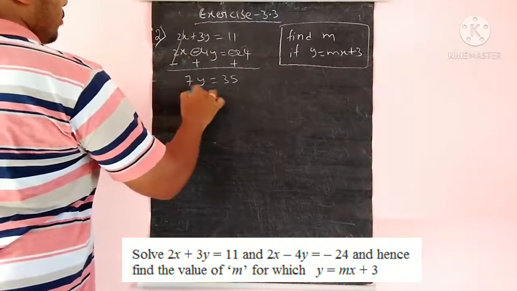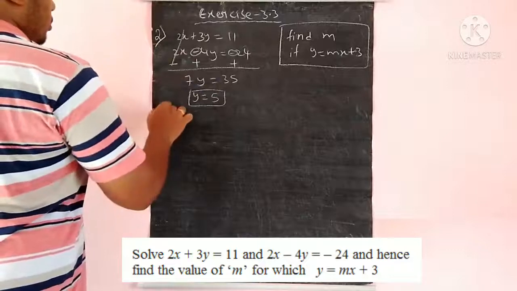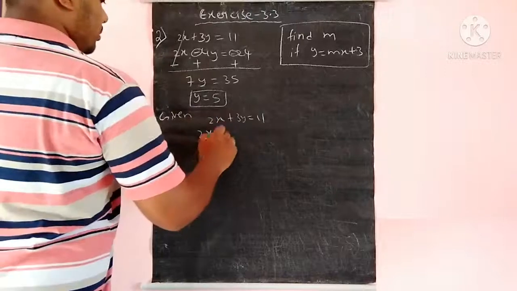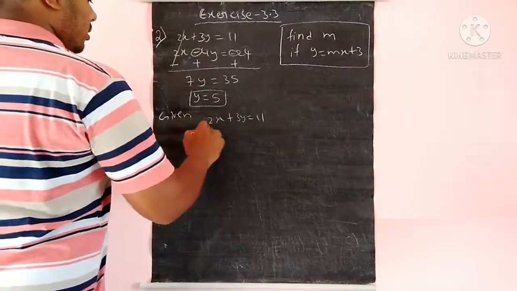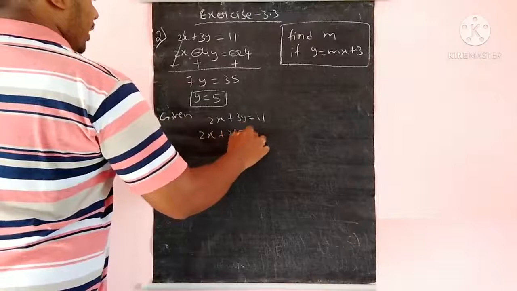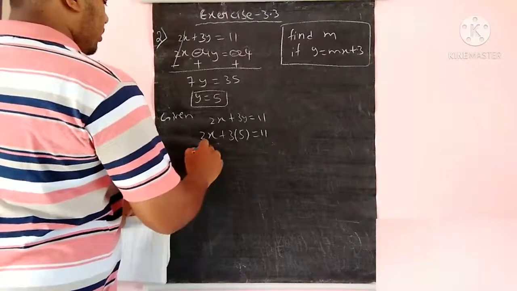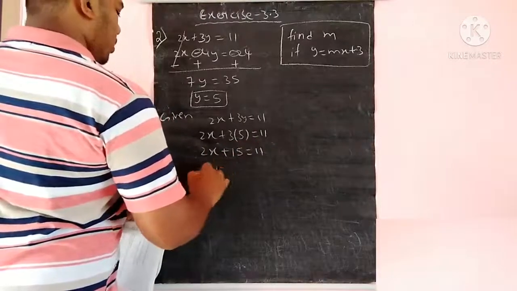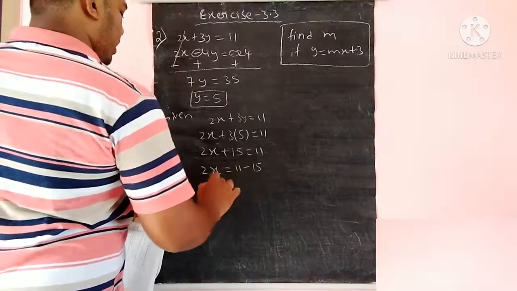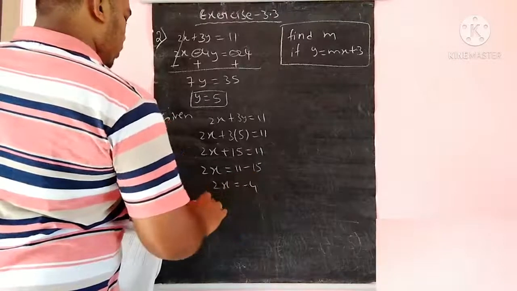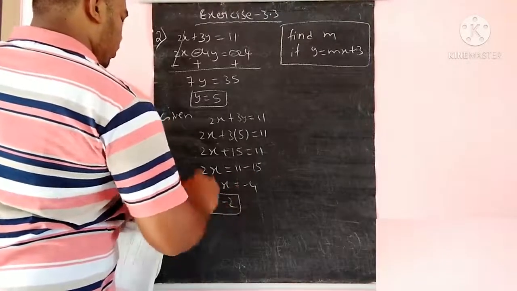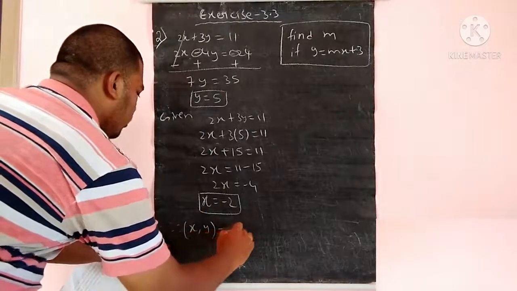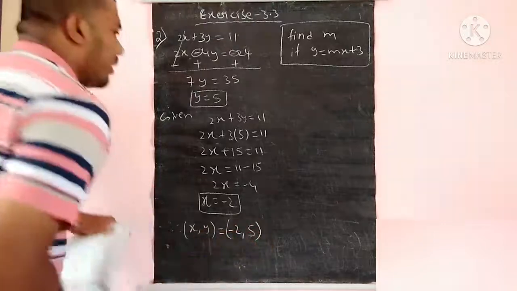Now y equals 5. Given 2x plus 3y equals 11, so 2x plus 3 into 5 equals 11. 2x plus 15 equals 11. 2x equals 11 minus 15. 2x equals minus 4. x equals minus 2. Therefore x, y equals minus 2, 5.